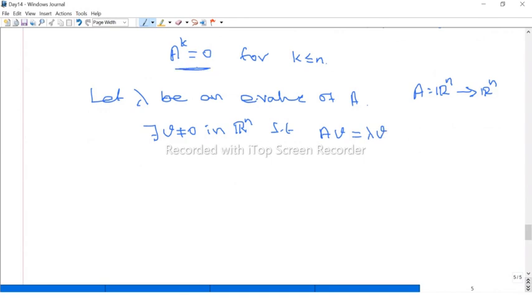And we know that A power k is 0. Now I'm going to apply A on both sides k times.